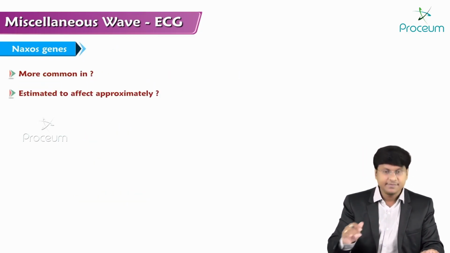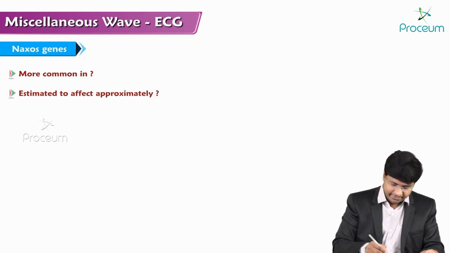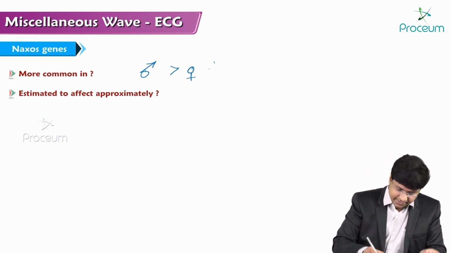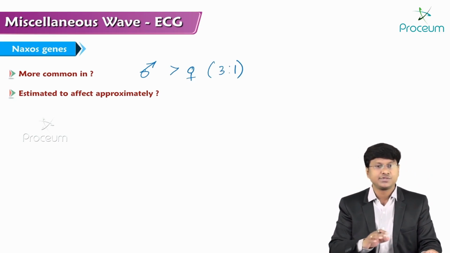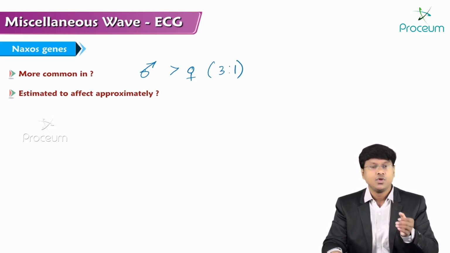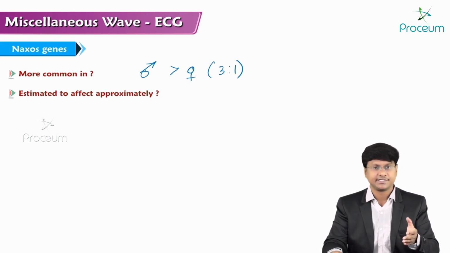Now, remember, this arrhythmogenic right ventricular dysplasia is more common in men than in women, and the ratio is around 3:1. Right, the ratio is around 3:1. And it is more common in people of Italian or Greek descent.